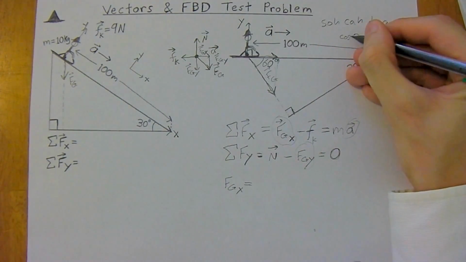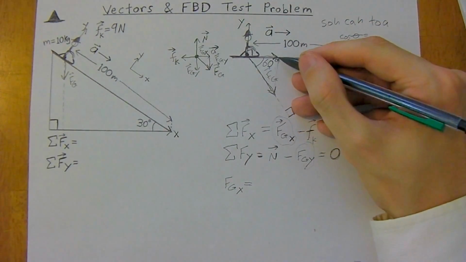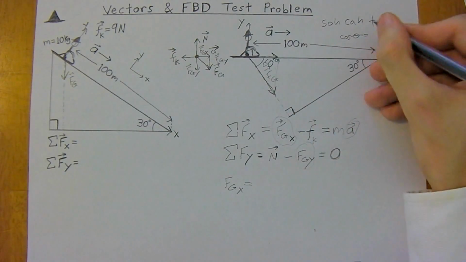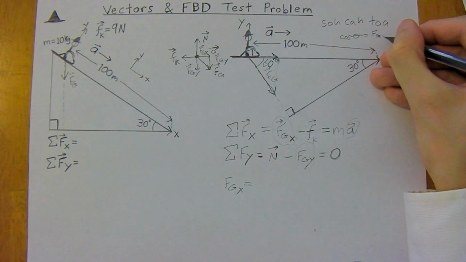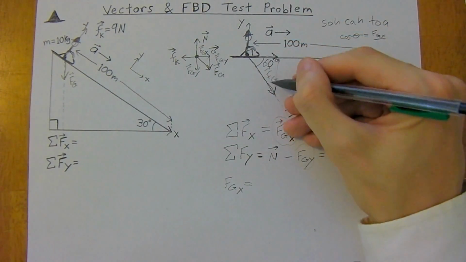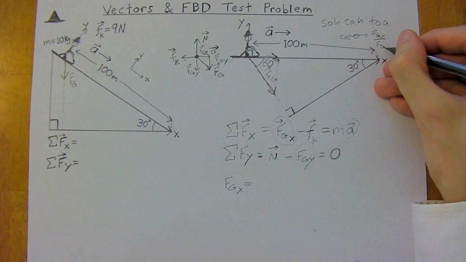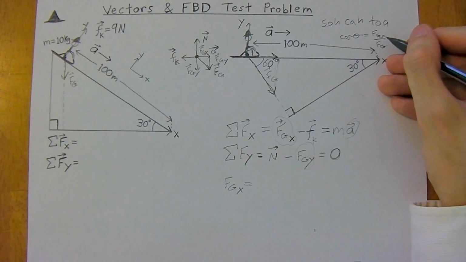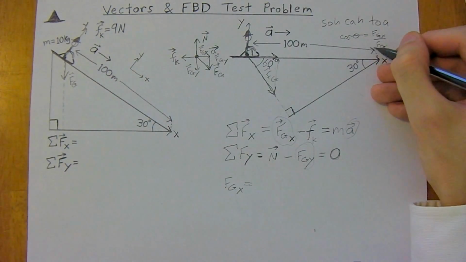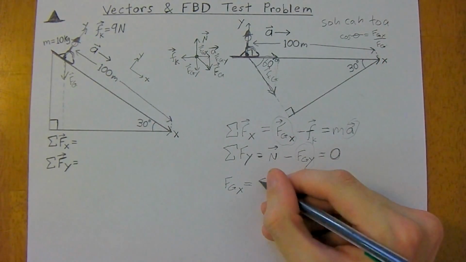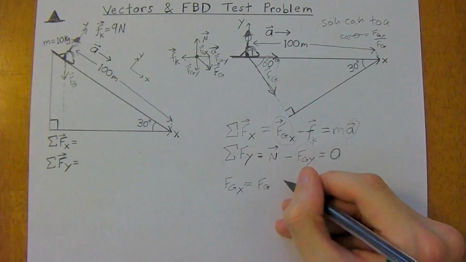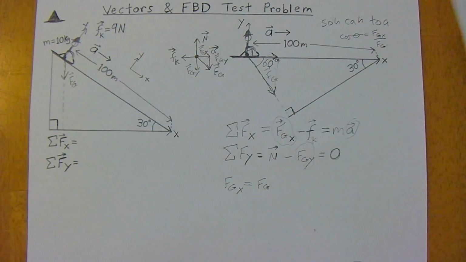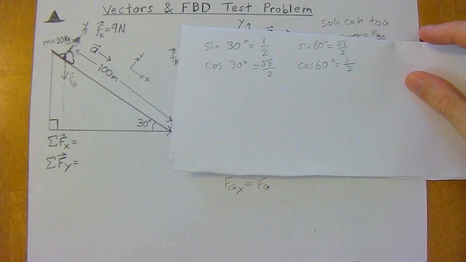Cos theta equals the adjacent side, which we've labeled force of gravity in the x direction, over the hypotenuse, which is just the force of gravity vector. So multiply both sides by Fg. The force of gravity in the x direction is going to be the force of gravity, the hypotenuse, times cosine of 60 degrees. And remember, cosine of 60 degrees is 1/2.